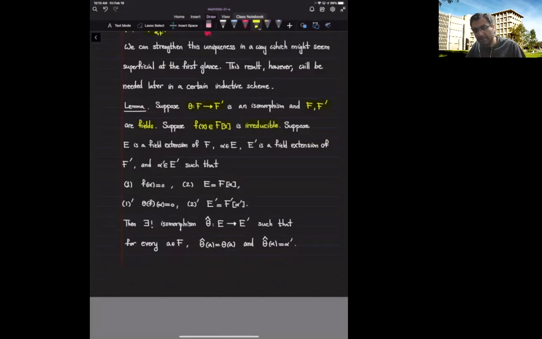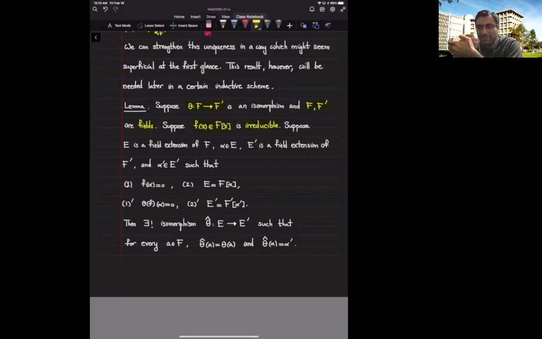Now what I want to do is look at the copy of the polynomial f with coefficients inside F prime. I'm going to use theta and look at the coefficients of f inside F prime. You see, when I have an isomorphism between two fields, then essentially they are the same, but with different decorations.